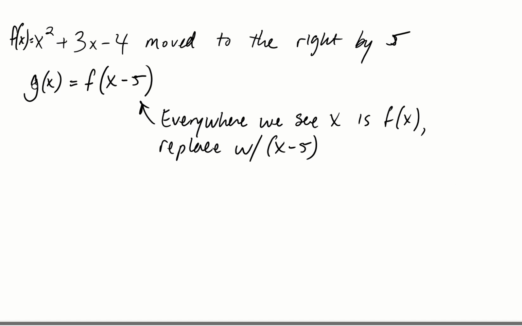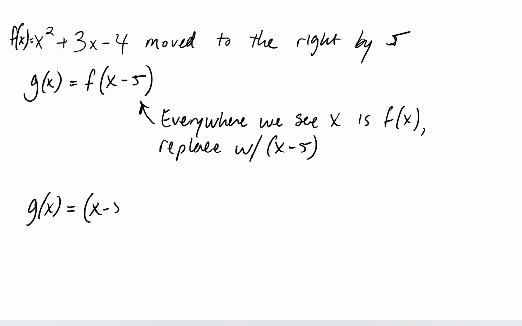So what this looks like is g of x is equal to, now again, everywhere in f of x where I see an x, I'm going to replace it with x minus 5. So we get x minus 5 squared plus 3 times x minus 5 minus 4.